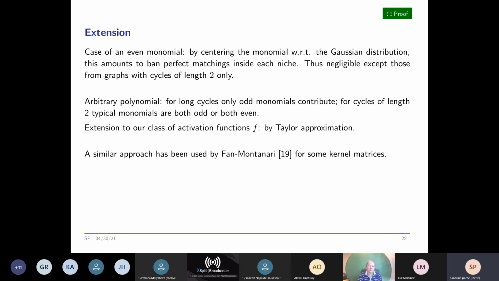And we prove at the end that everything is negligible except the contribution from graphs with cycles of length 2 only. And then we extend the result to an arbitrary polynomial and then to our class of activation functions by Taylor approximation. So we can go to the last slide.